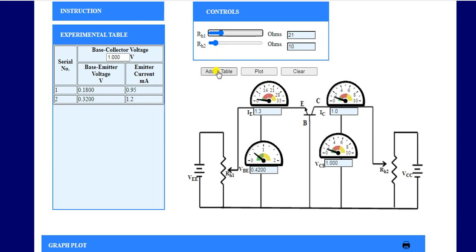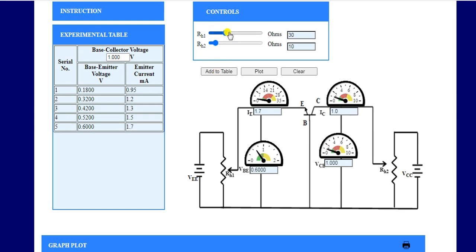For a graph between IE and VBE we require at least 8 or 10 values, so we will vary RH1, measure IE, and we will put approximately 8 or 10 values in our experimental table.